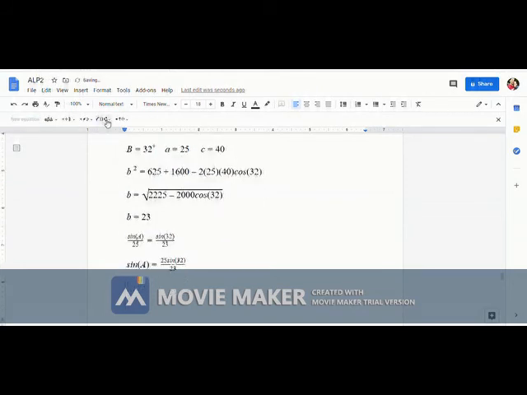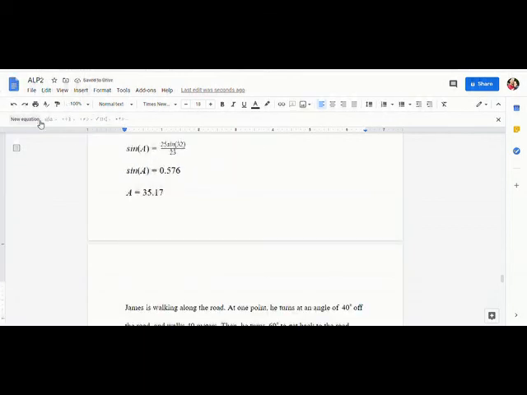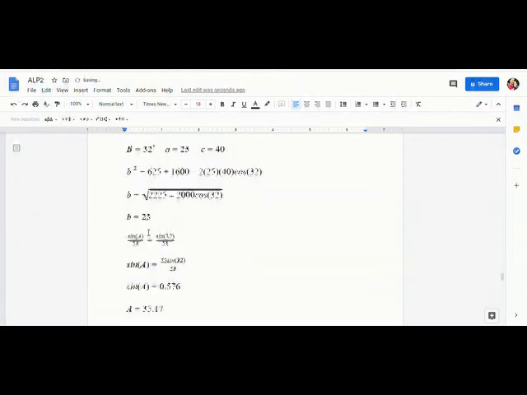Put that in a calculator. Sine A equals 0.576. Alright, and then use the inverse sine to get A equals 35.17. And finding B is the same as we did up here.